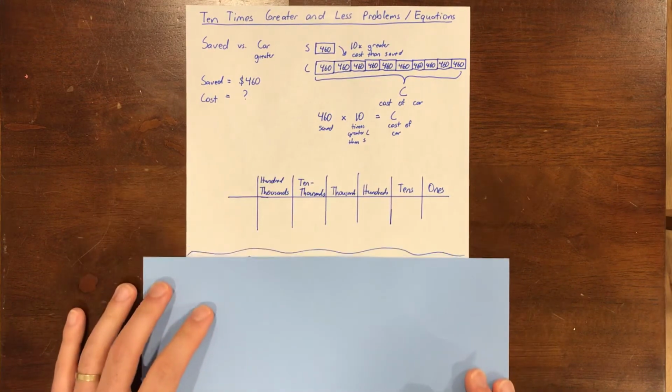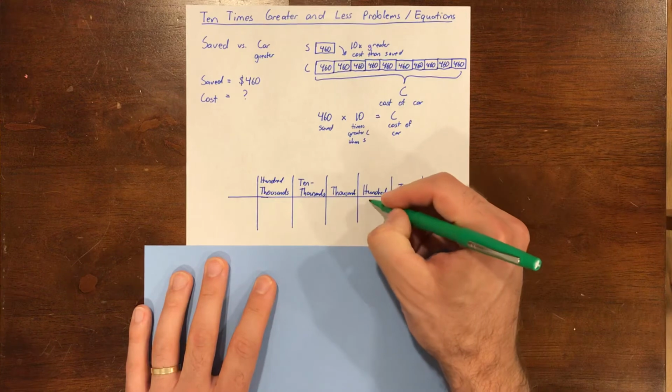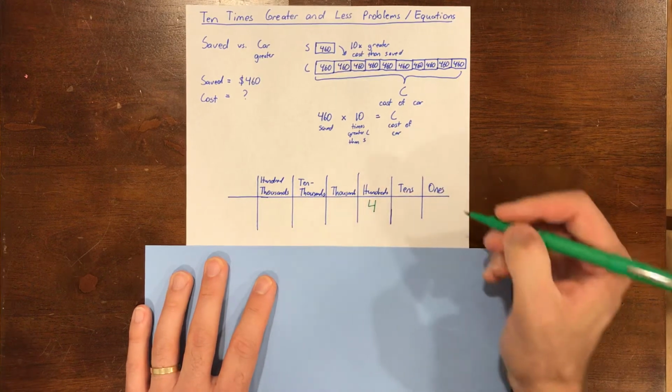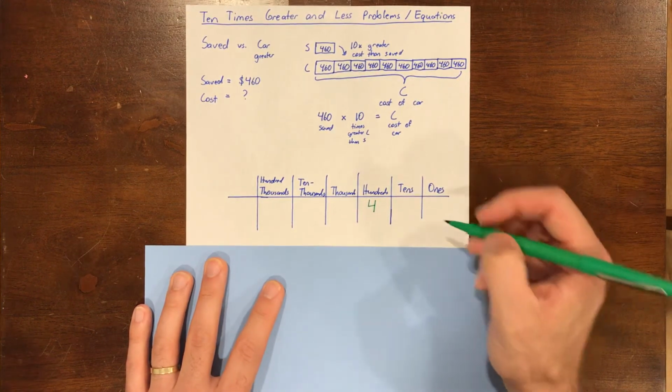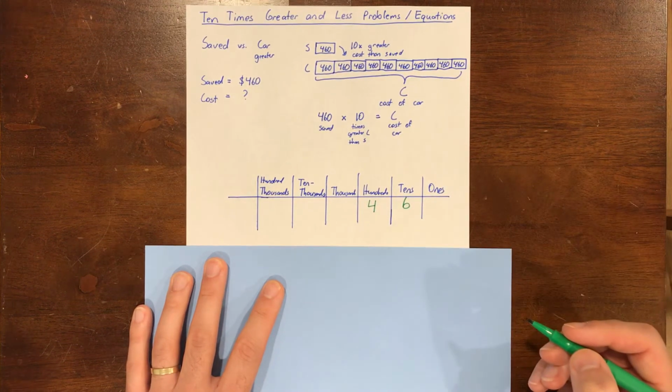Sure, we could draw our chart, and then we could put 4 in the hundreds because he has $400 bills, and 6 in the tens because he has 6 $10 bills.